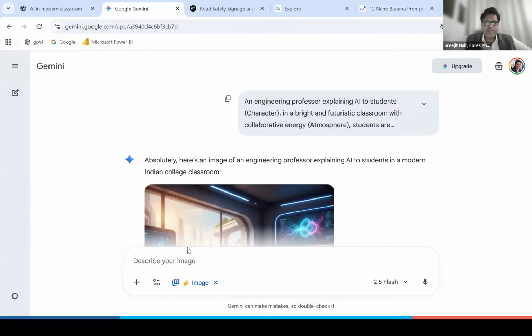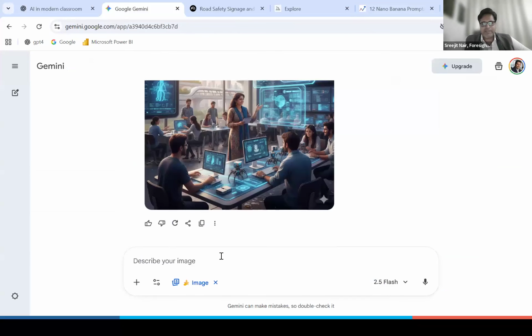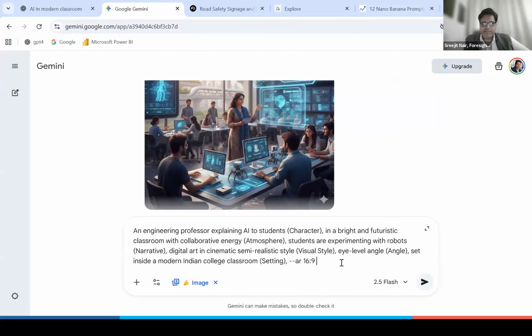What you can also do is paste this particular prompt and edit certain aspects of it, say visual style. And character I'm keeping the same. In a bright futuristic classroom with collaborative energy, students are experimenting with real India visual style, eye level.